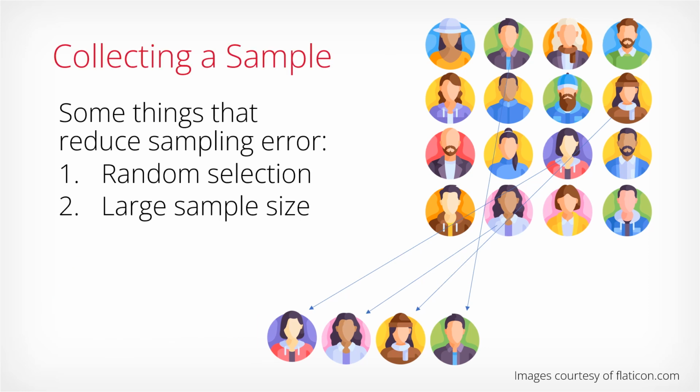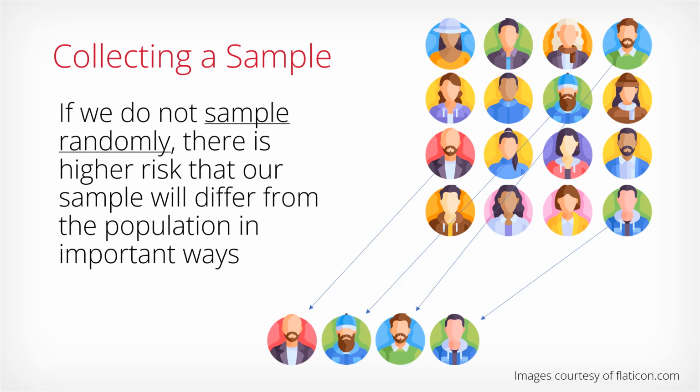Now, there are some things we can do to help reduce sampling error. Two of the most important things are to use random selection and to have a large sample size. If we did not randomly select the individuals in our sample, there's an increased risk that they're going to be systematically different from the population in some way. For example, if we only study certain groups of people, then we're not going to be able to generalize to all people, potentially.